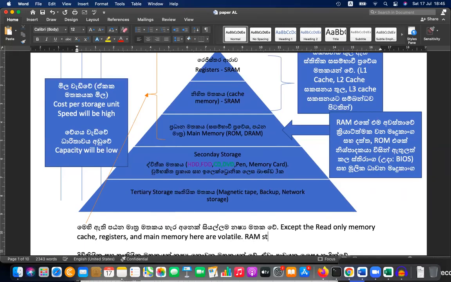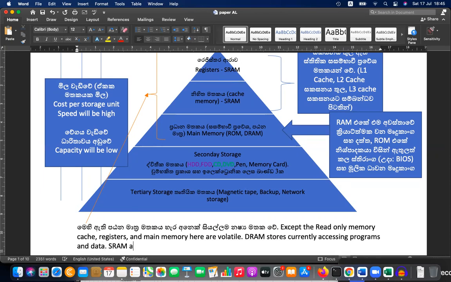RAM stores currently accessing programs and data.